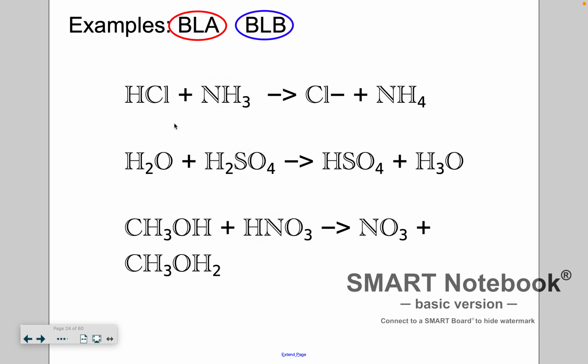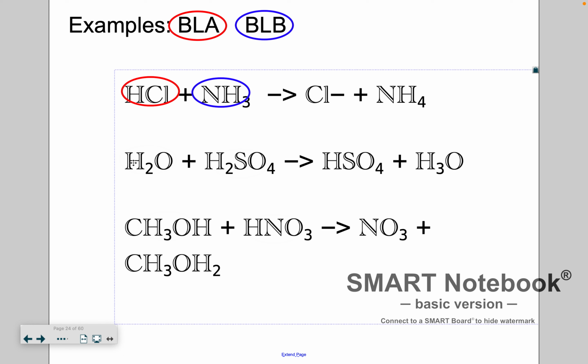The thing that donates a proton is my Bronsted-Lowry acid. It's supposed to have a red circle. There it is, up here. So that is my Bronsted-Lowry acid, and the thing that accepted it is my Bronsted-Lowry base.